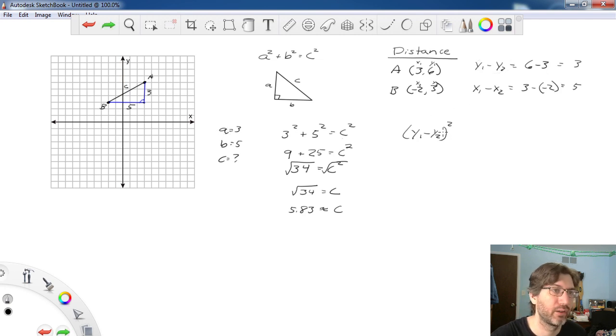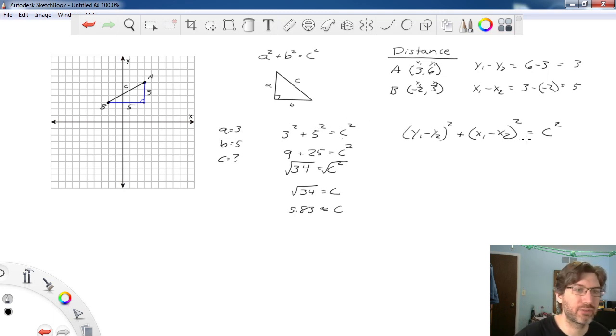So we're going to go ahead and write it like that. This will fit any case for any y's. Then we have this plus sign in our Pythagorean theorem, so we're going to add another value, and here we have our x values, so x1 minus x2, and that also gets squared, and that's like that 5 squared. These are interchangeable. You could have done x's first or y's second, it doesn't matter. And all of this is going to equal c squared.